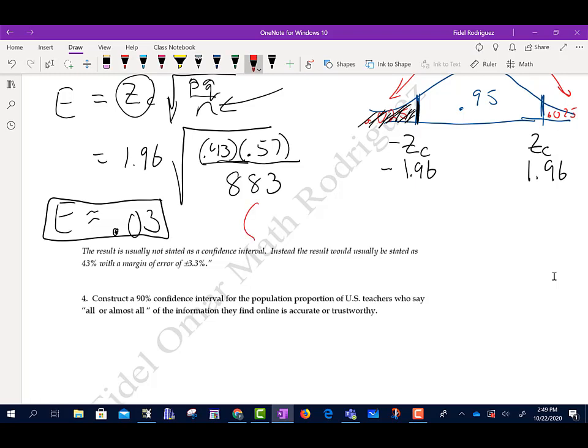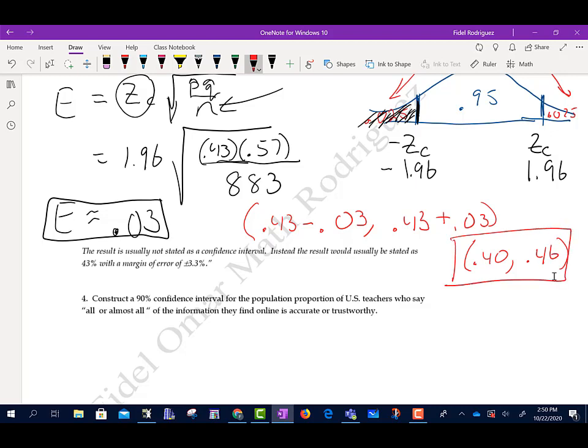P hat we said was 0.43 minus the error, which was 0.03, comma, 0.43 plus 0.03. And so that's going to give me, let's see, 0.43 minus 0.03 should give me 0.40. And 0.43 plus 0.03 is going to give me 0.46. And here is my confidence interval, okay?